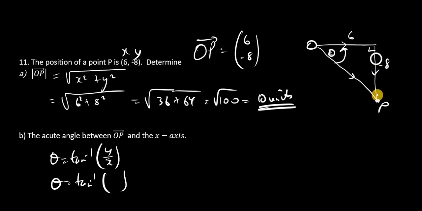The y distance is 8 units, right? Length of a line is never negative, so we're going to use a positive value, and the x value is going to be 6. So notice that we actually switch the values around. The 8, which we make positive, goes on top now, and the 6 goes below. And then we put that in our calculator.